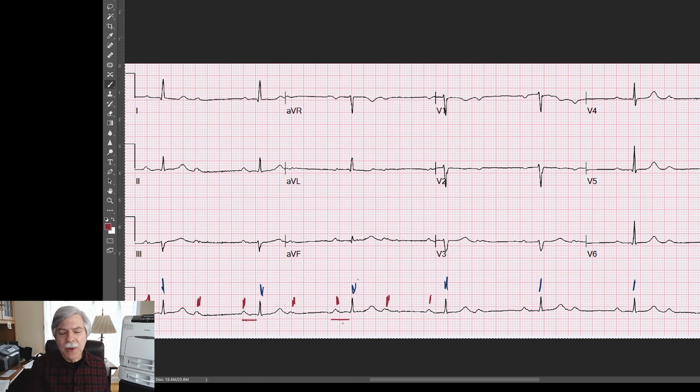You can measure, but if it's 240 or 260, it's not that important. I just want you to get the concept of why it is 2-to-1 conduction. Because the PR intervals are stable, the assumption is that every other P wave is blocking, and so you have 2-to-1 conduction. And notice that the rest of the ECG is sort of unremarkable.